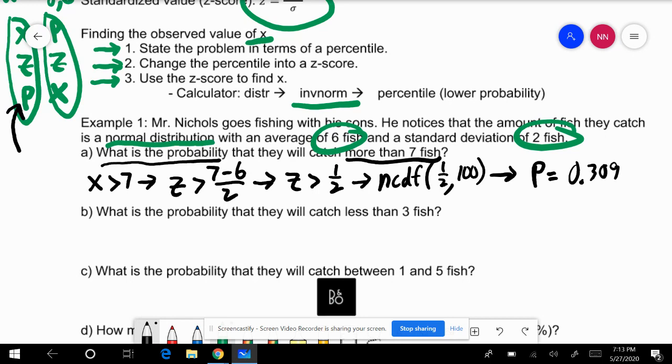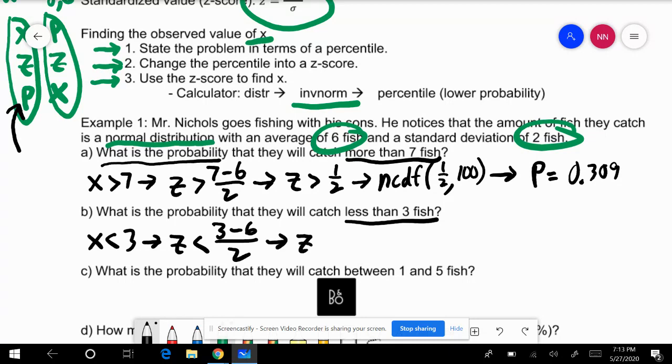Now, if we're looking at letter B, in this case, it's less than 3 fish. So x is less than 3. Once again, since I have an x value and I'm trying to find my p value, this is a review of what we did yesterday. We change it into a z value. So that's z is less than 3 minus 6 over 2.